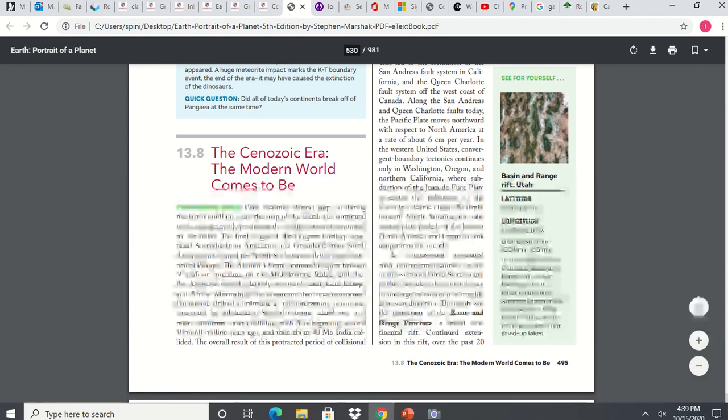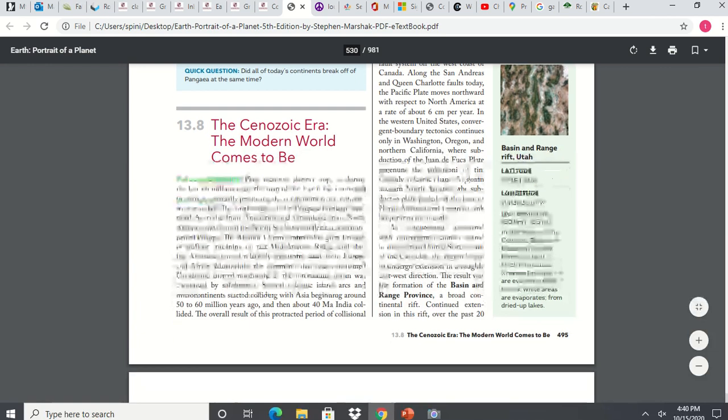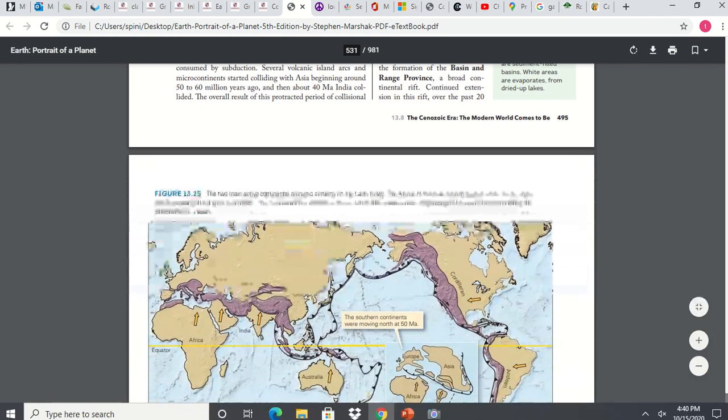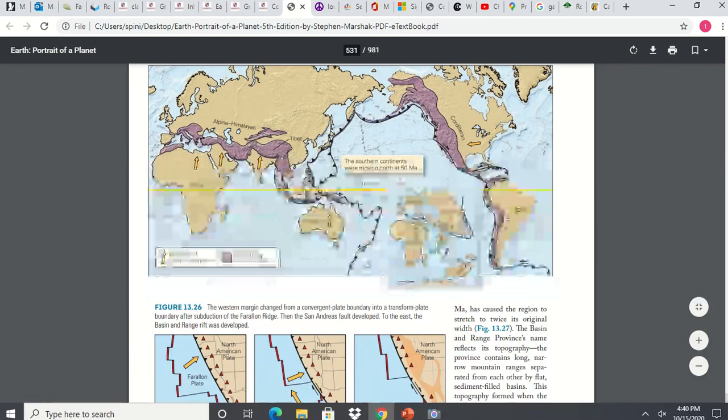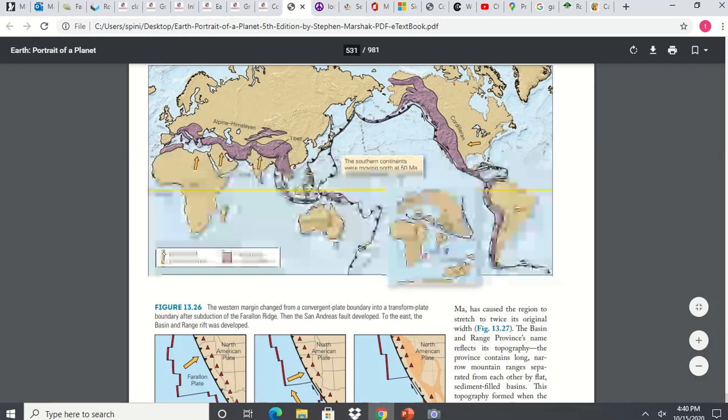Finally, the modern world, the Cenozoic era. So we live in the Cenozoic era, and again, thanks to the dinosaurs being sort of put in their place, as it were, other organisms like mammals began to evolve, and the world began to change and mutate into what we see today. The continents move into relatively the positions that we think of today when we look at a world map, right?